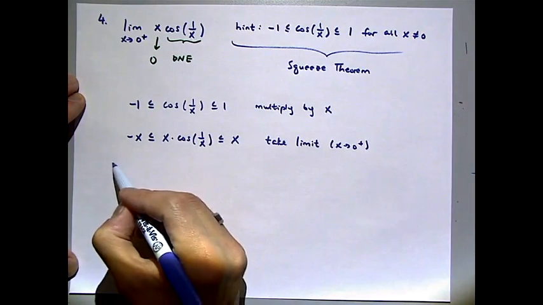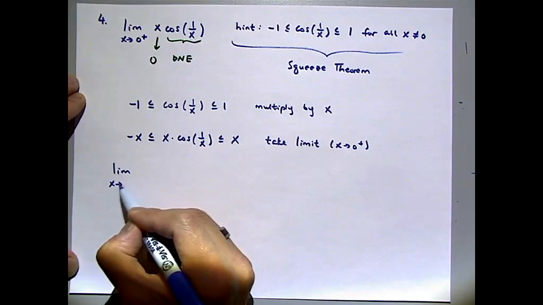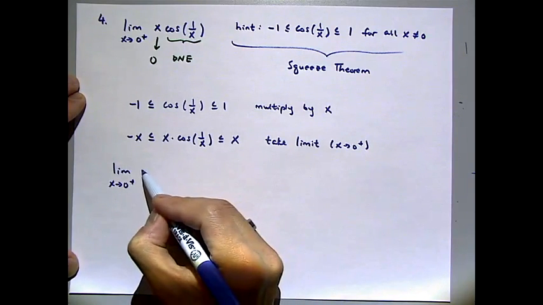Now we take the limit on all three sides as x approaches 0 from the right.